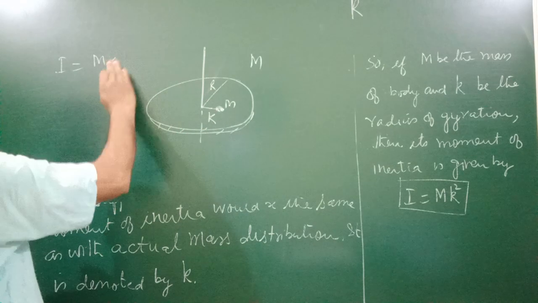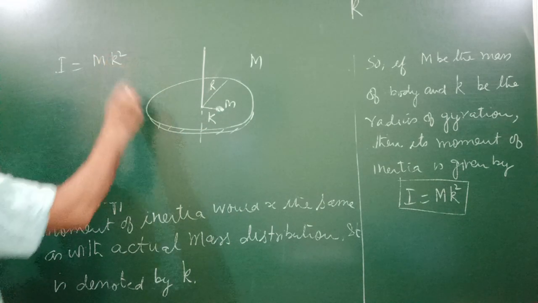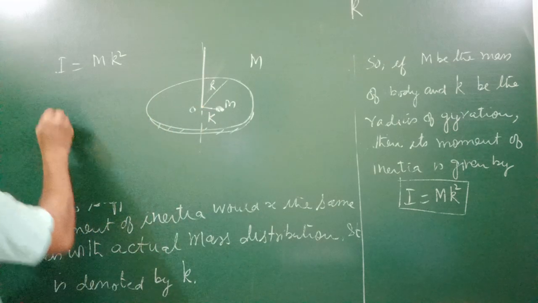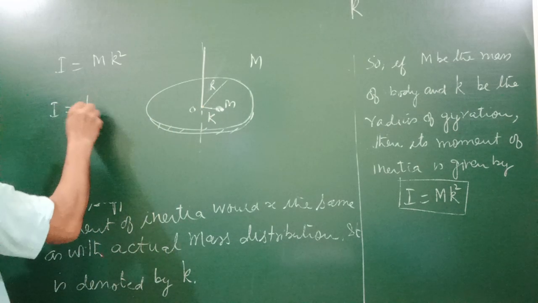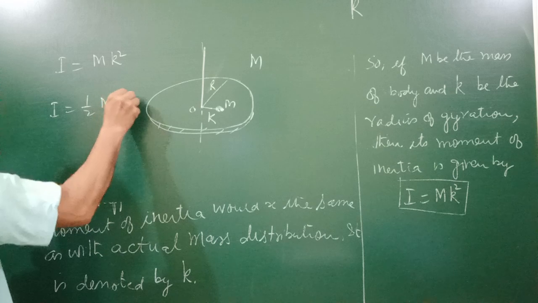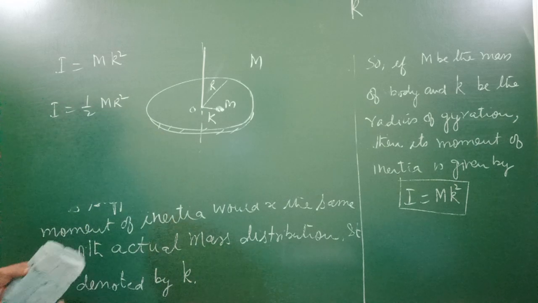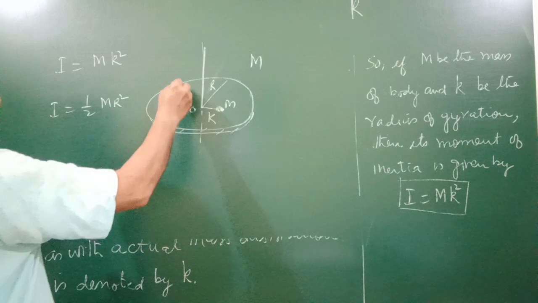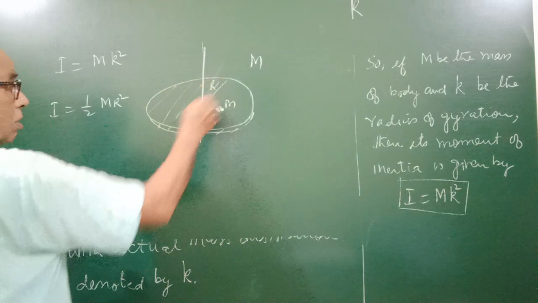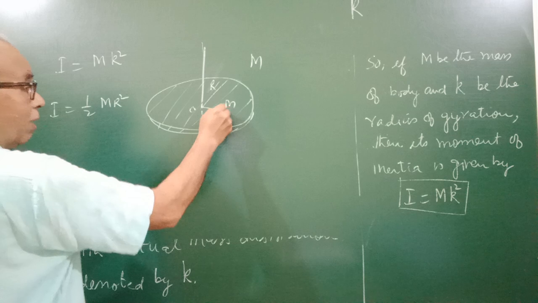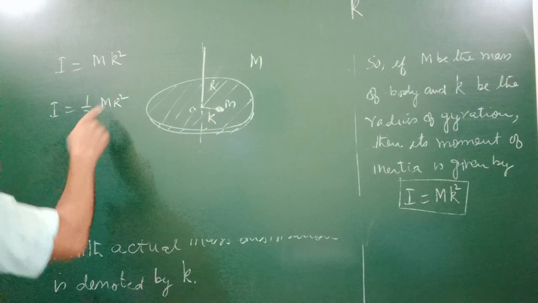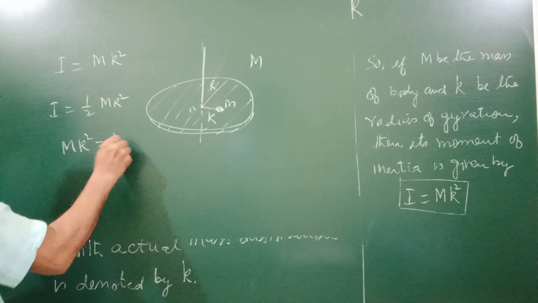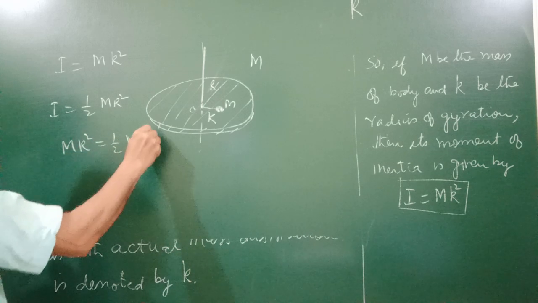I will tell you here, the moment of inertia of a disk about this axis passing through the center is in fact equal to half mr square. So in the actual mass distribution, the whole mass is distributed here, but we have assumed it at this point. Then mk square is equal to half mr square.